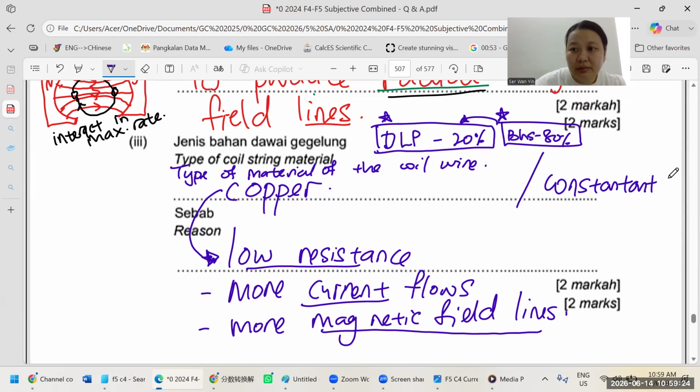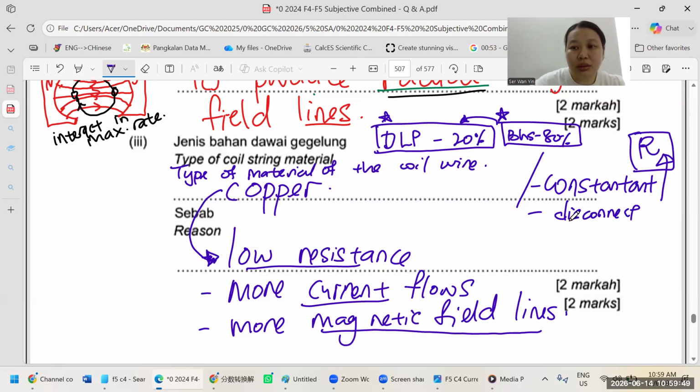Constantan has very high resistance. Your friend told you that every time once you get the reading, you disconnect first.